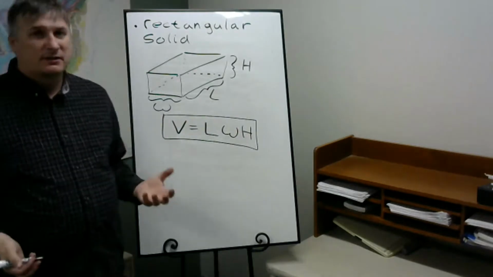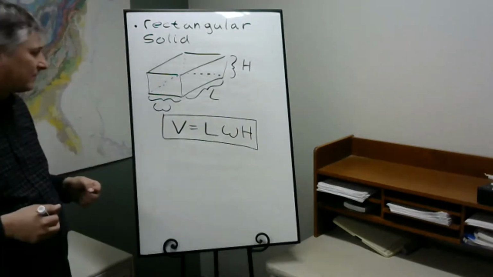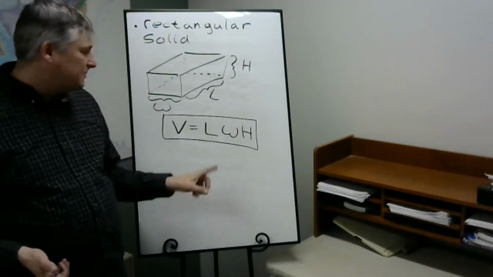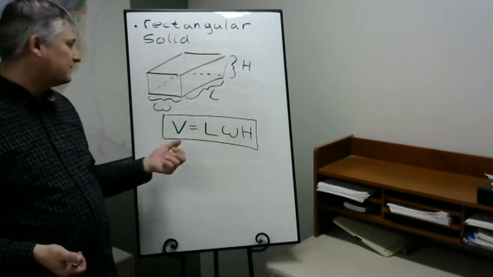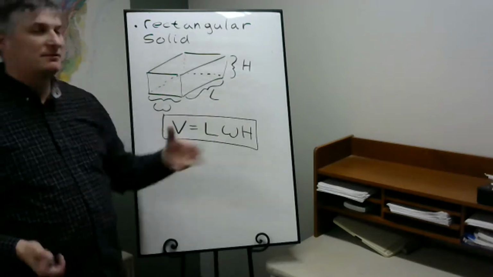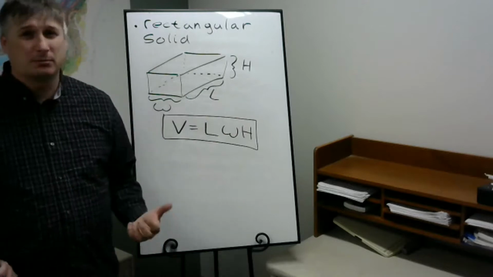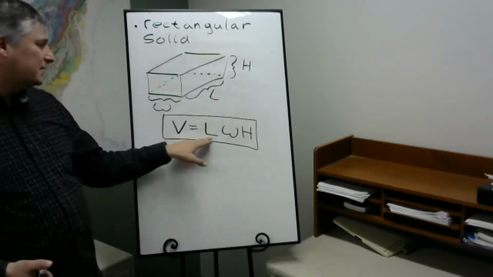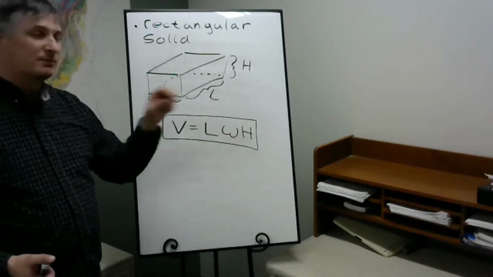So the volume is going to be length times width times height. Now, in these formulas, when you see these letters representing length, width, and height next to each other, that means we're multiplying these together. So this is length times width times height.